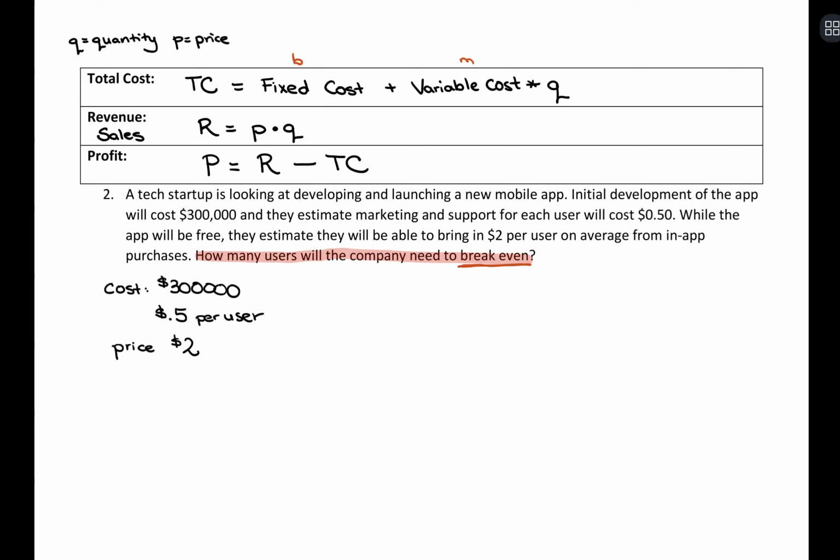So, breaking even is an idea in business where the profits are zero. So typically, when companies get started, they're investing a lot of money into their product, they're trying to get word of mouth going. So with that, they're not going to charge a high price right at the beginning.